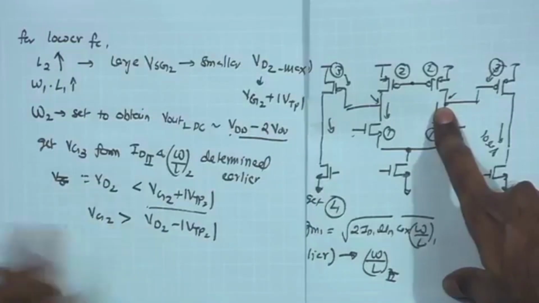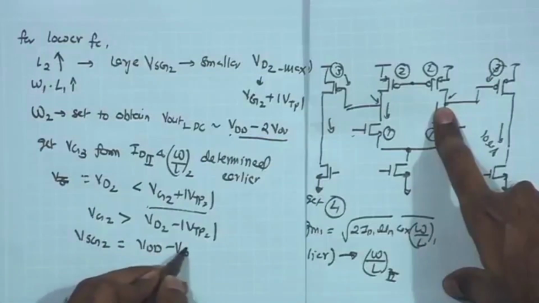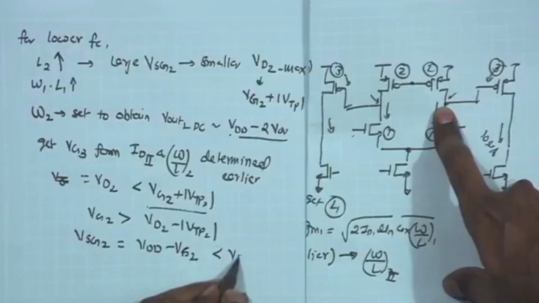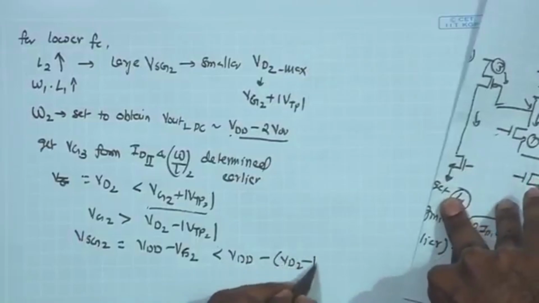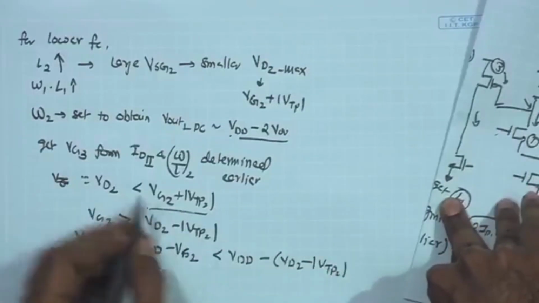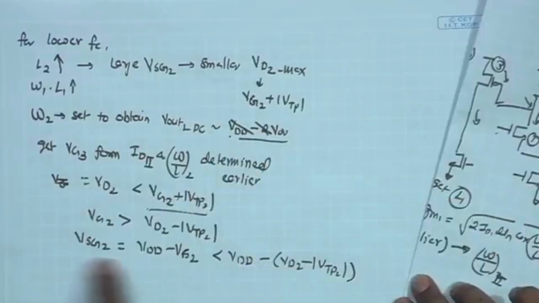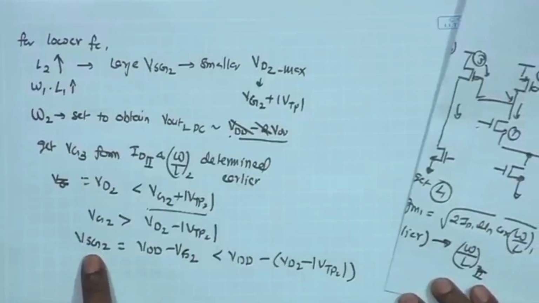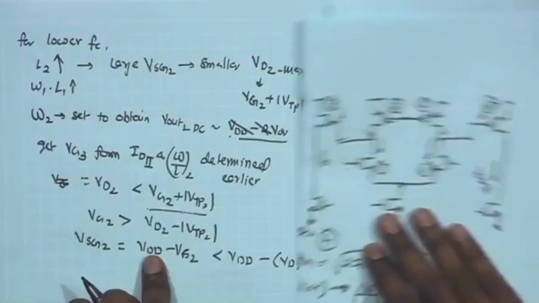If VG is greater than this, then I know that VSG2, which is VDD minus VG2, must be smaller than VDD minus VD2 plus mod VTP2. So, this is one way in which you can arrive at the VSG2 requirement, and that is going to give me the W by L requirement of the two transistors.